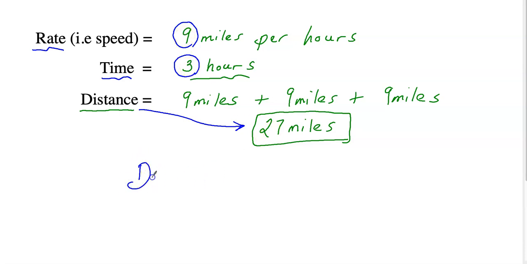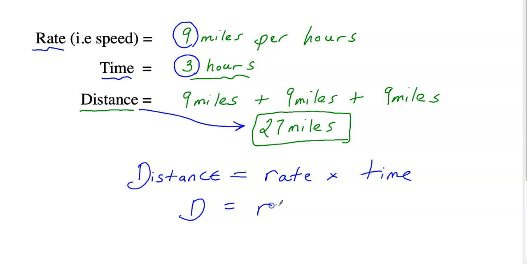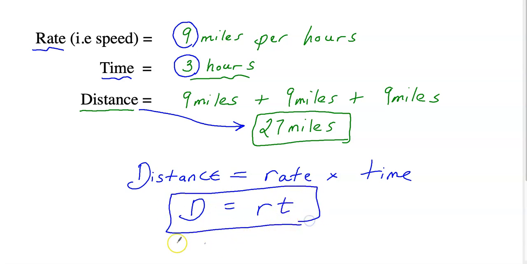The distance equals the rate times the time. Maybe you've seen this before. It's usually written like this: D equals RT. So I just wanted to go over that so you know where this formula is coming from.